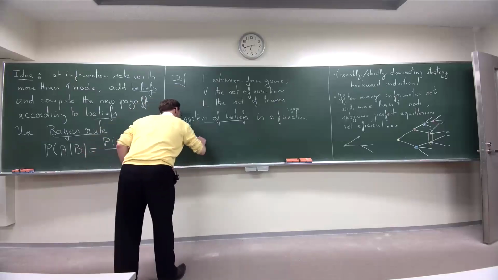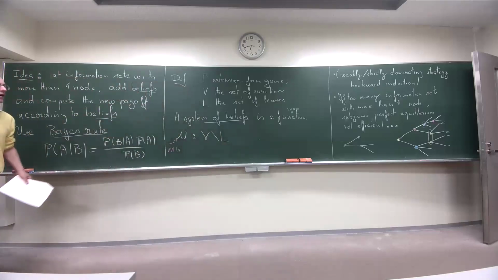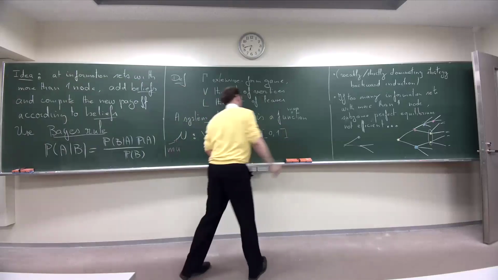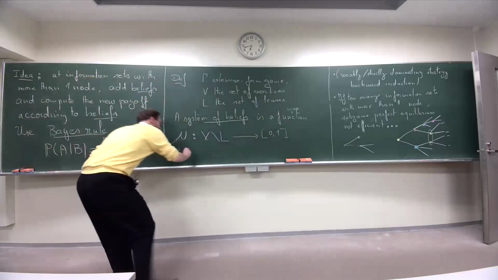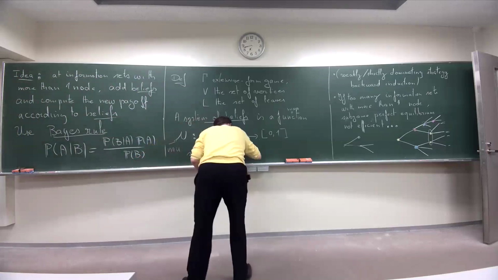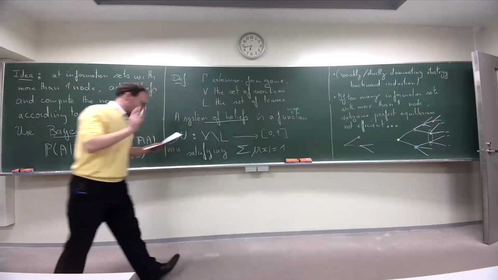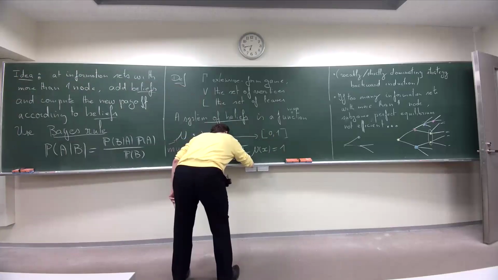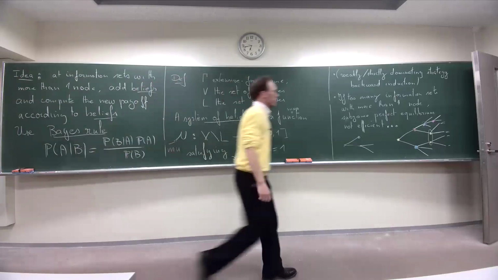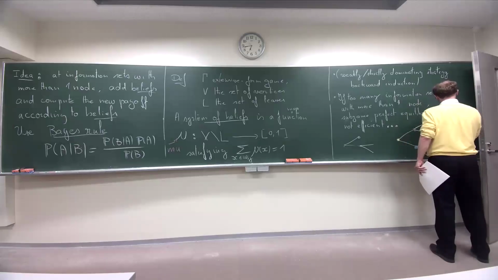Mu from the set of vertices that are not leaves, so I take all points which are not a leaf, and it takes values in [0,1]. So these are numbers between 0 and 1, satisfying one condition: that the sum of mu of x is equal to 1, for all x in omega ij. On this picture, we have just one example. So I'm going to make a second example just to see.